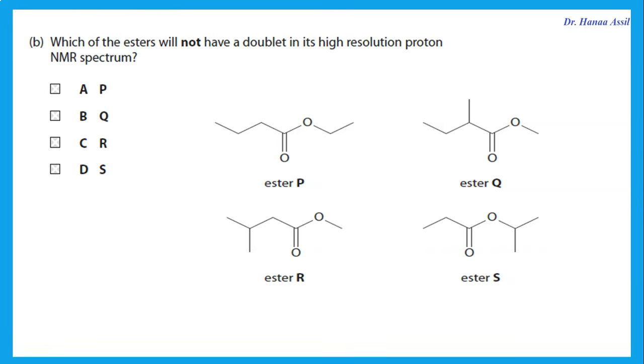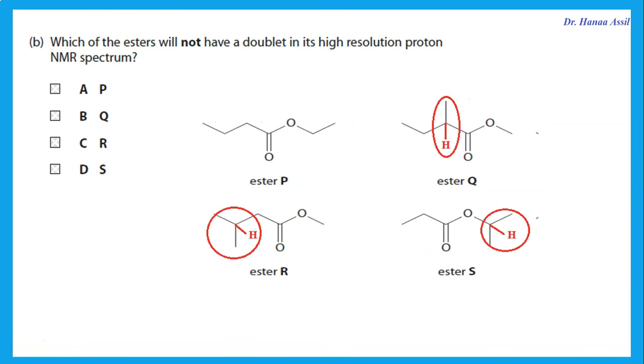Which of these would not have a doublet? Which of these would not have a carbon with 1 hydrogen, so that the other protons on the other carbon will give a doublet? So all of these have a single hydrogen on the carbon that would cause a doublet in the neighboring peaks, except P.